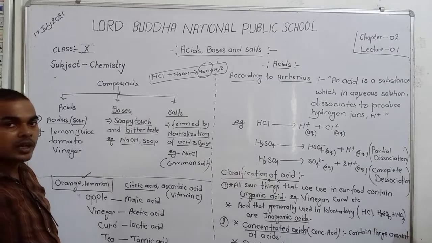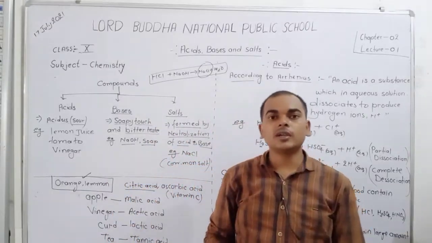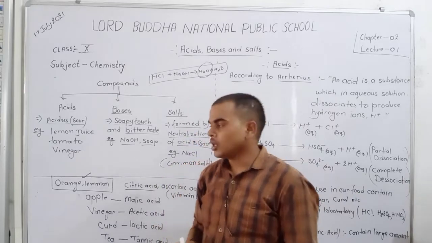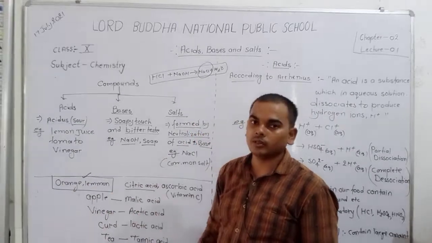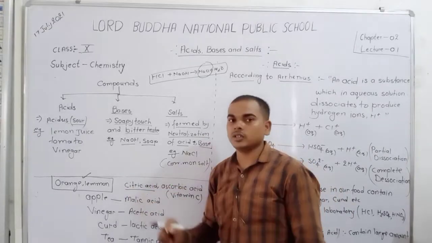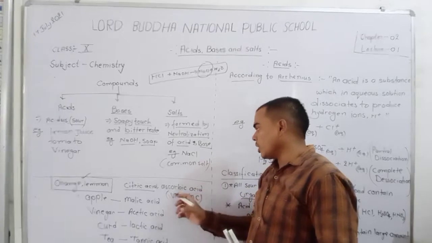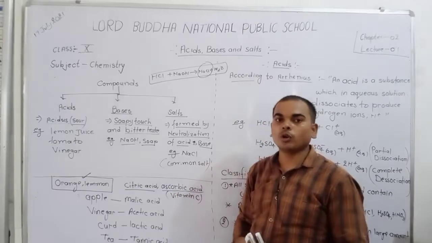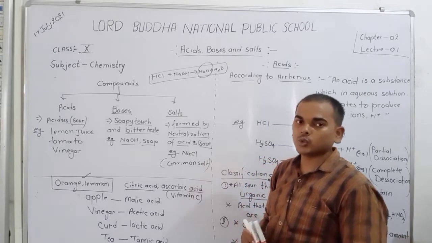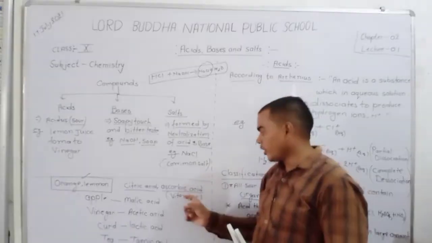The fruits which contain citric acid are known as citrus fruit, like orange and lemons. Orange and lemons also contain ascorbic acid. Ascorbic acid is also known as vitamin C.